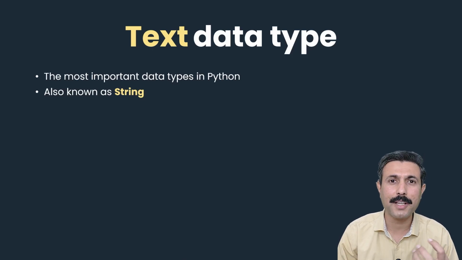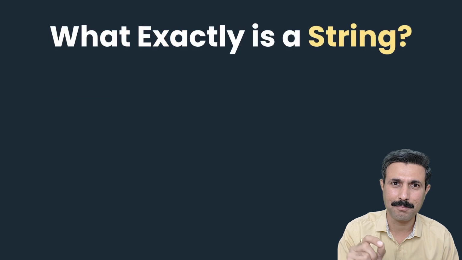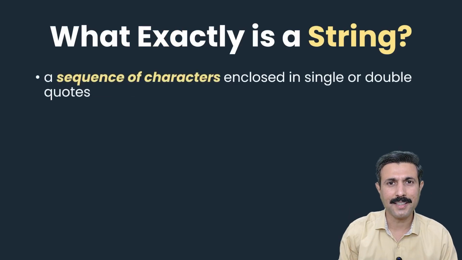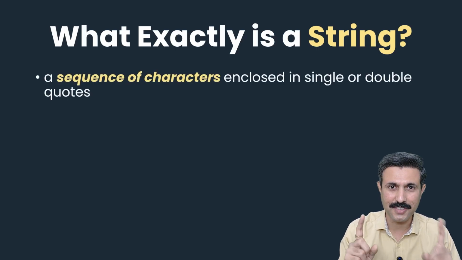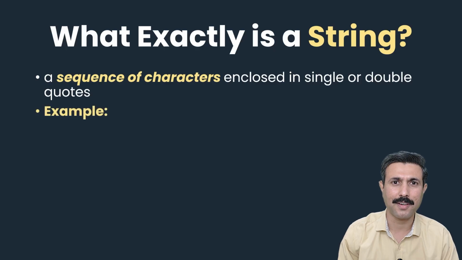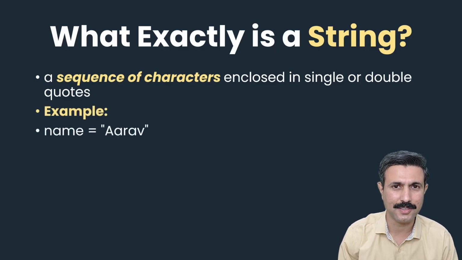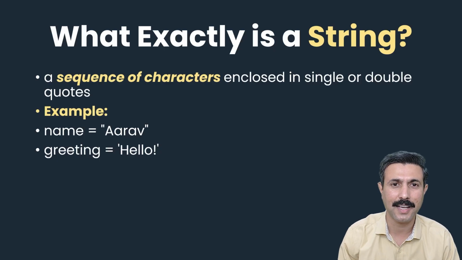So now first of all we are going to understand what exactly this string means. A string is just a sequence of characters enclosed in single or double quotes. For example, if you write hello like this, it's in double quotes. Or if you write it in single quotes like this, hello.